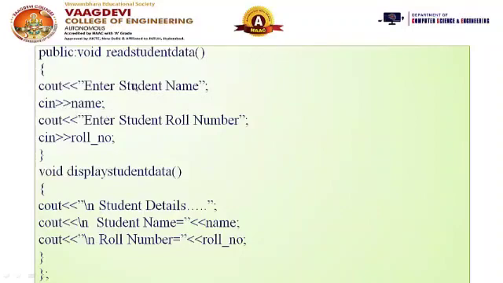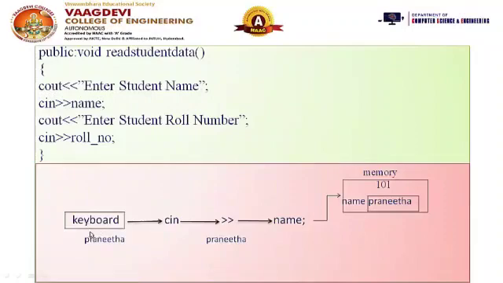The statement cout will print the data on the monitor by using the cout object. The cin object reads the value from the keyboard. For example, this is the data that I am reading from the keyboard and sending to the extraction operator, which then stores the value in the variable name. This is how the value is stored in the variable inside the memory.